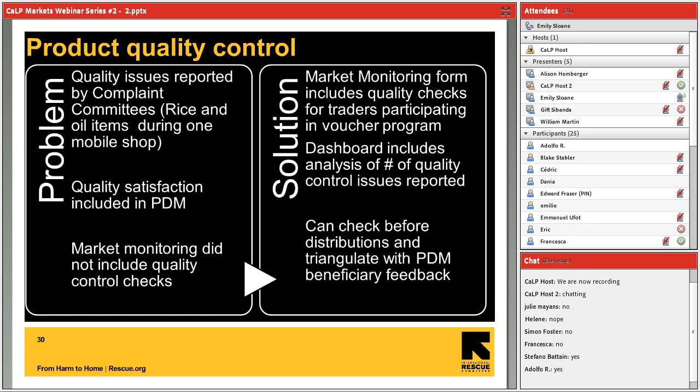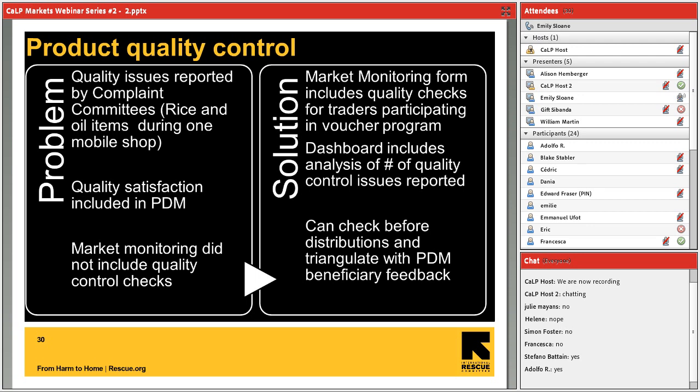And that manifested in the first couple of indicators that they wanted to collect being around the quality of the data that they had been gathering. The first issue was about quality issues of products that vendors were providing in their shops.